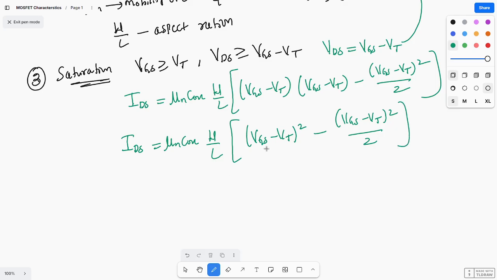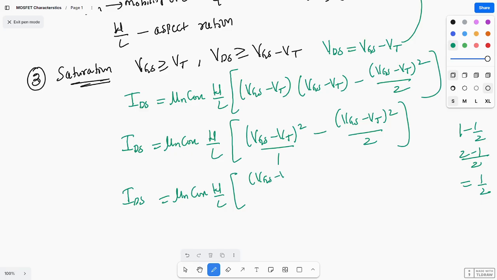Anyway, the LCM is 1. 1 minus half is nothing but half, no? 2 is the LCM, and 2 minus 1 is 1. So you are getting half. So this is nothing but (VGS minus VT) whole square divided by 2.